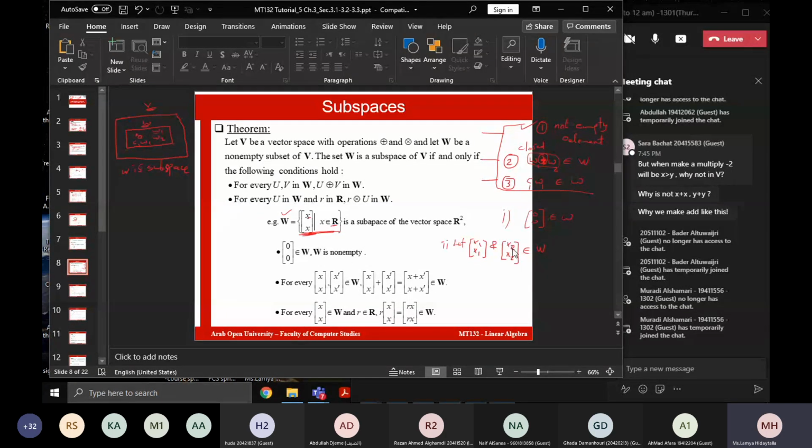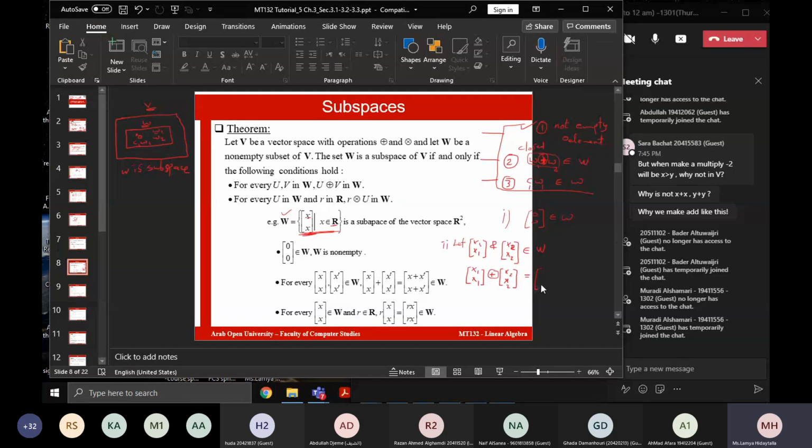Here the second component is x2, correct? It should be the same. Now, what if we add them? Then the first x1, plus, by the standard way of addition, because he defined the standard way of addition, with x2 and x2, what is the resultant?